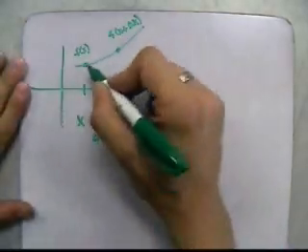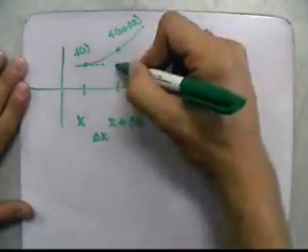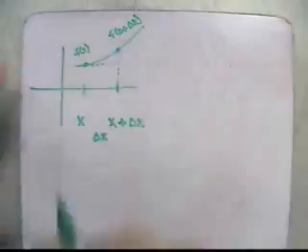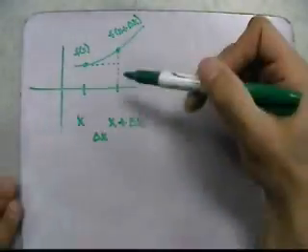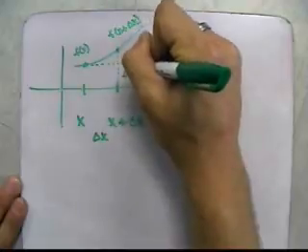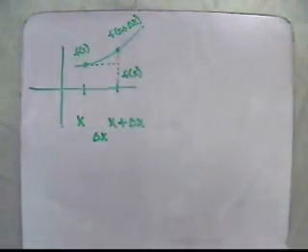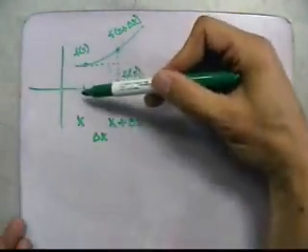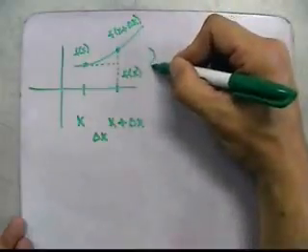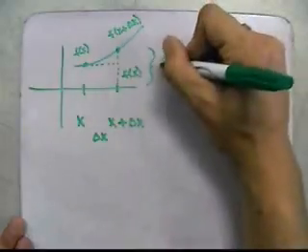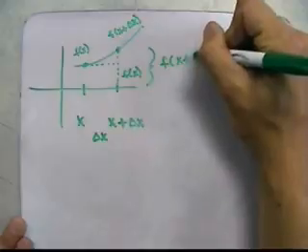So if I were to build little dotted lines through here, like a little t-chart, this height right here is f of x. That's whatever this is off the ground. This entire big height right here is going to be f of x plus delta x.